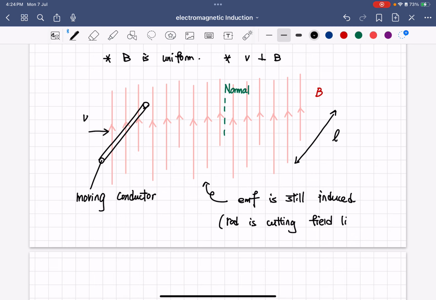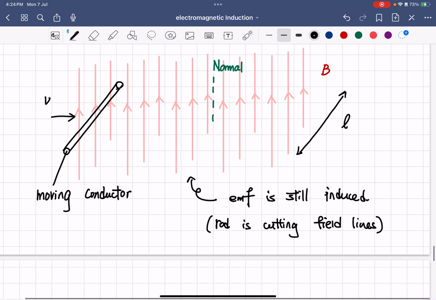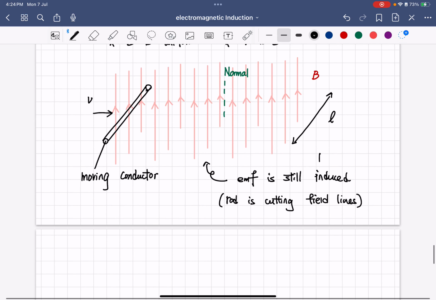Therefore, everything is still okay. The only difference is, if the rod is isolated and not connected to any closed circuit, you will only have EMF induced, but you will not be able to have this induced EMF give rise to an induced current because the circuit is not closed. But no current.